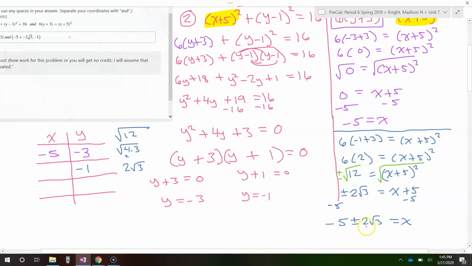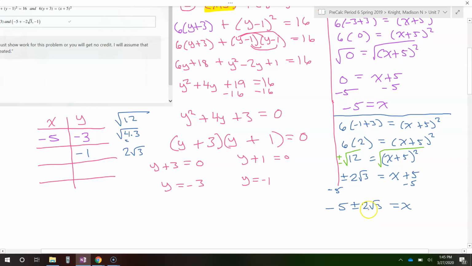Now notice this is really two separate things. It's negative 5 plus 2 radical 3, so that's one x value. And then it's also negative 5 minus 2 radical 3. That's another x value.